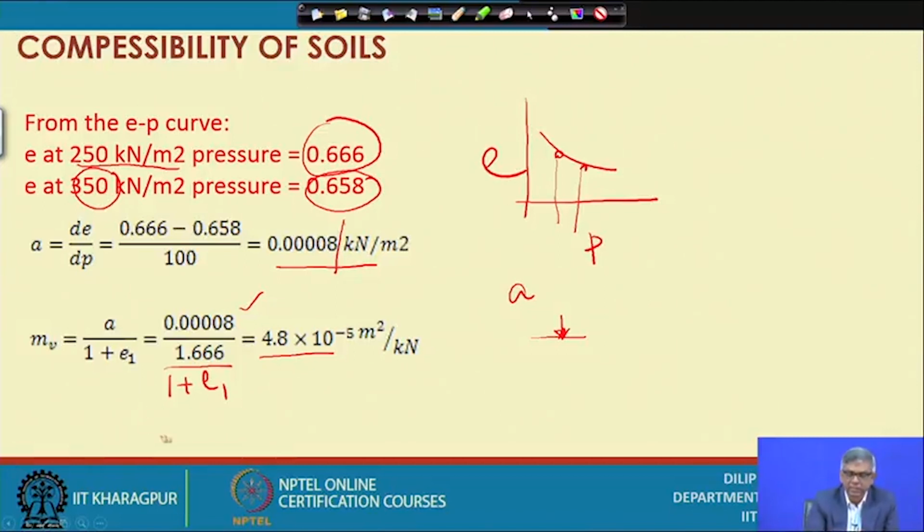From that curve we read the e at two pressures, so two e values, and the expression of a is de by dp, the change of void ratio by change of pressure. Then mv is a by 1 plus e1, and from there we get the coefficient of volume compressibility.